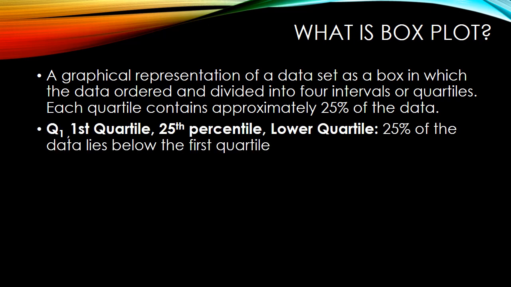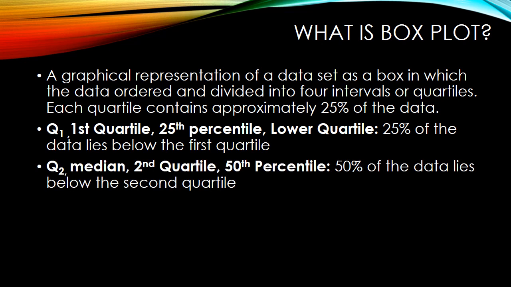The first quartile is also called the 25th percentile, or lower quartile. 25% of the data lies below the first quartile. That's why it's called the first quartile or 25th percentile.